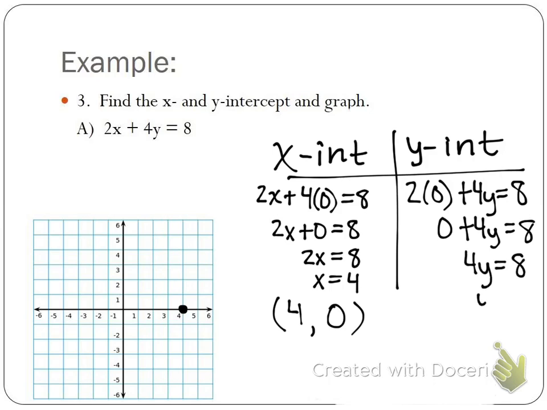So y equals 2. On this one, what was my x coordinate? 0. And my y coordinate? 2. Okay, treat them as points. To graph it, where do I go? Up 2 on the y-axis.